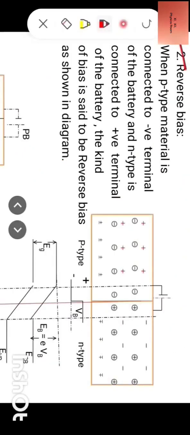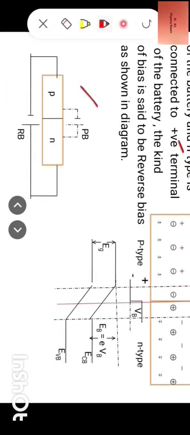Now reverse bias. When p-type material is connected to the negative terminal of the battery and n-type material is connected to the positive terminal of the battery, the kind of bias is said to be reverse bias, as shown in the diagram. Here is the diagram for reverse bias.